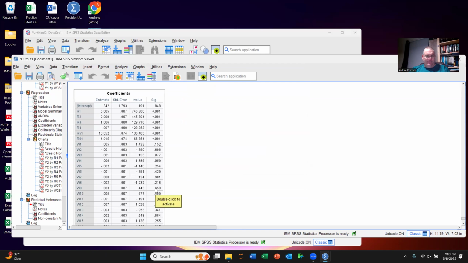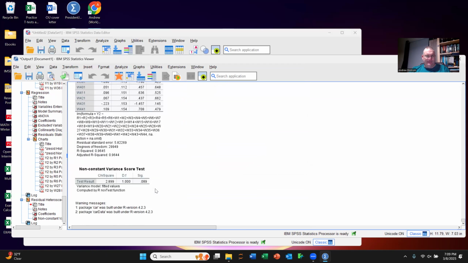So it's coming up with all the statistically significant things. And then it's actually telling us that we're kind of getting close to having a statistically significant non-constant variance. Maybe we should be worried about that. Maybe not.